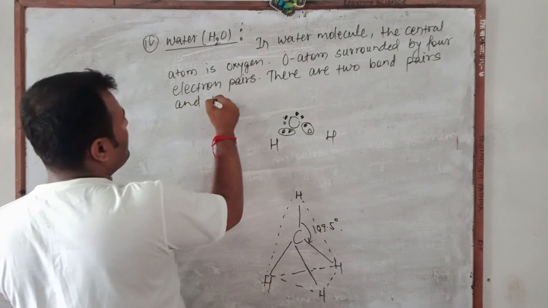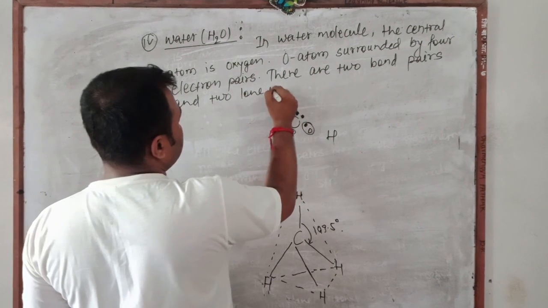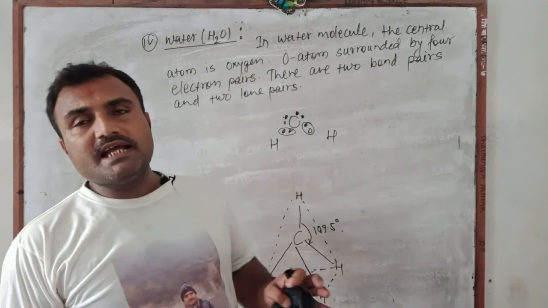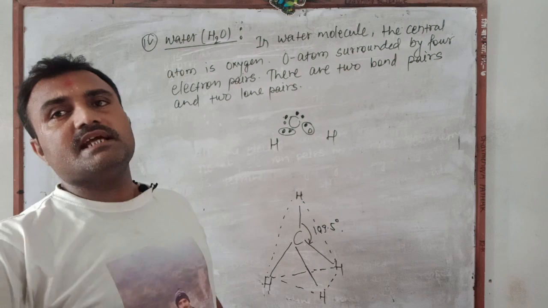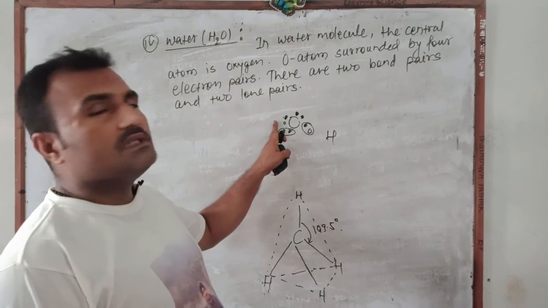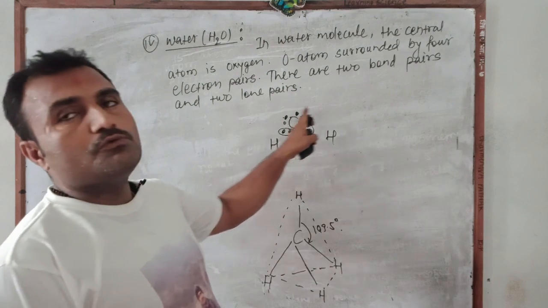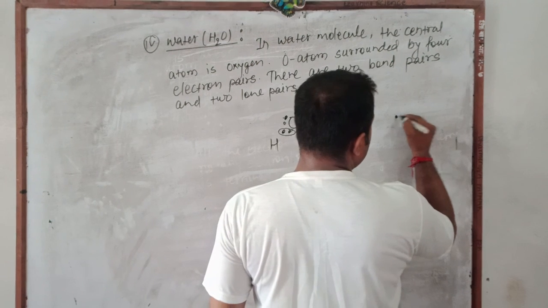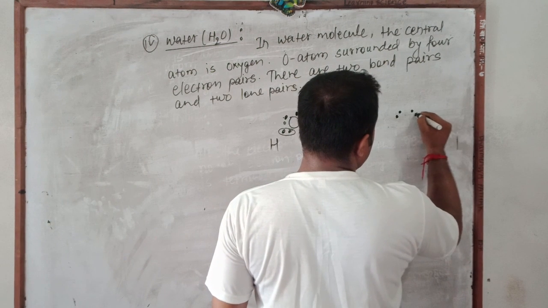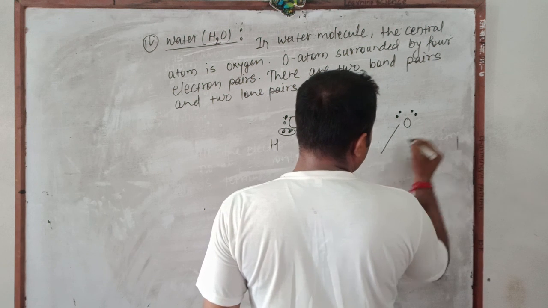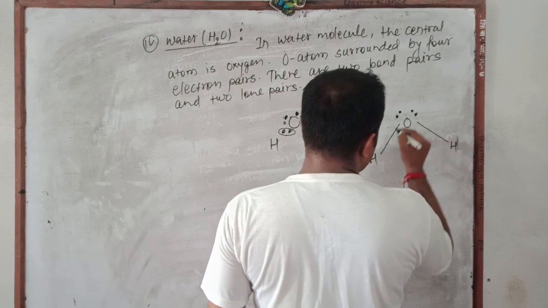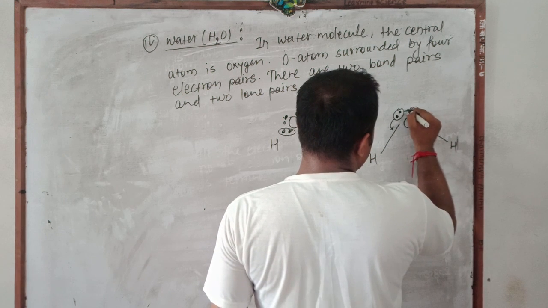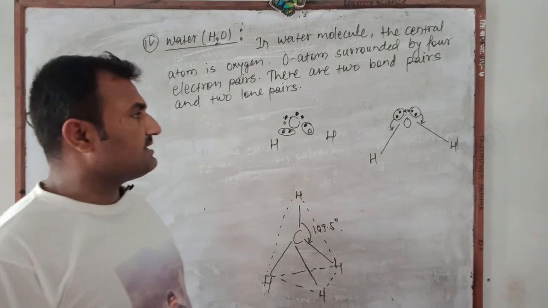We know that if there are 4 electron pairs, the angle is tetrahedral, but due to the presence of 2 lone pairs, maximum repulsion occurs. These lone pairs repel each other and the bond pairs get pushed away, due to repulsion between lone pairs.